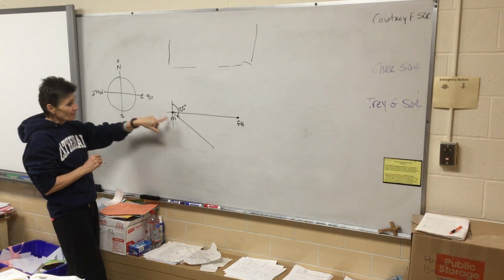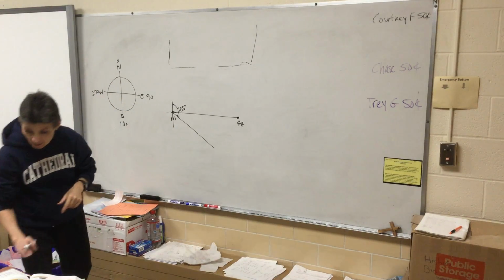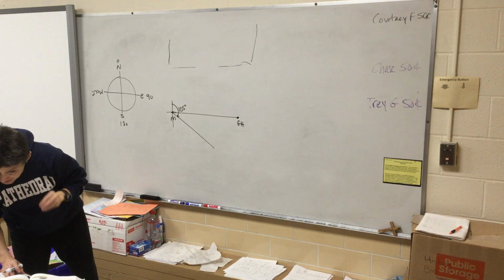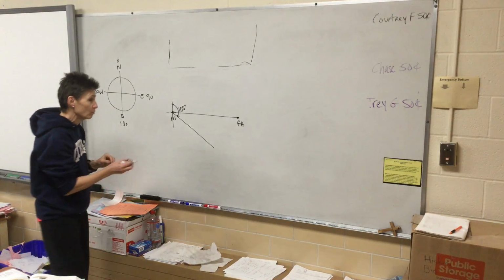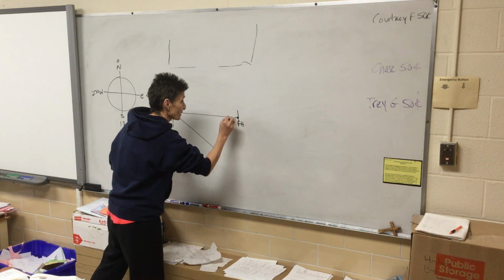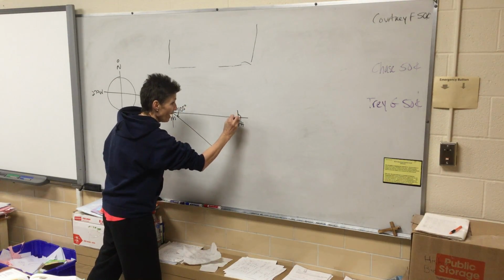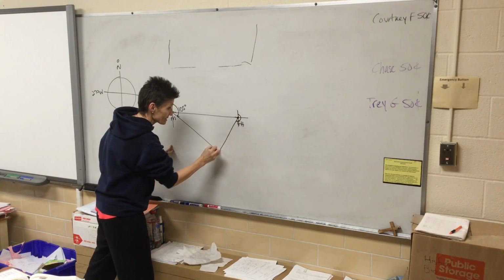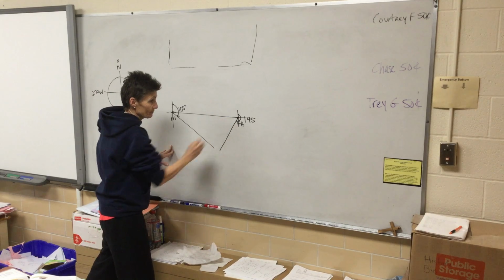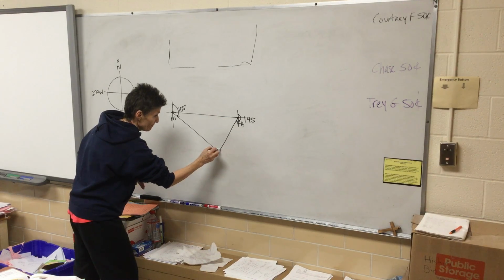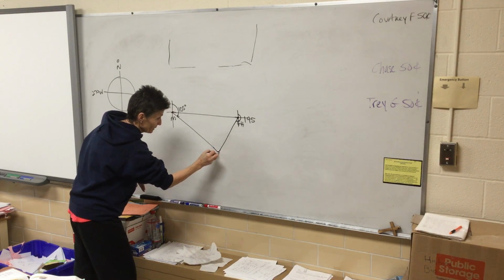So 105 degrees would look like that. At the same time, a boat leaves Grand Haven on a course of 195. So 195 would look like this. And eventually, they collide.